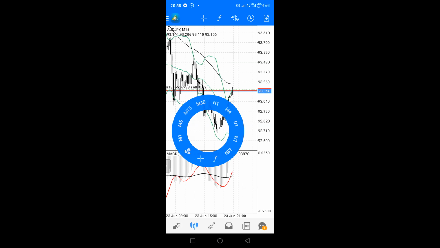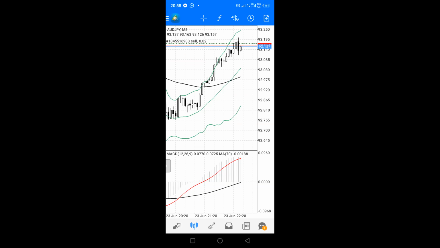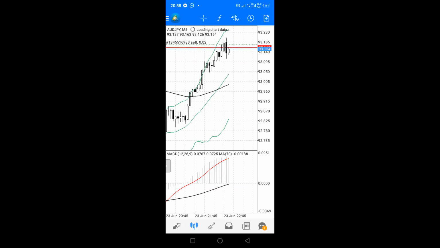If I go to my chart, here you can see sell. It's also giving you that order number, that trade number you see there, then telling you that you are selling with a 0.02. And that green dashed line you can see on the screen there is my entry price.